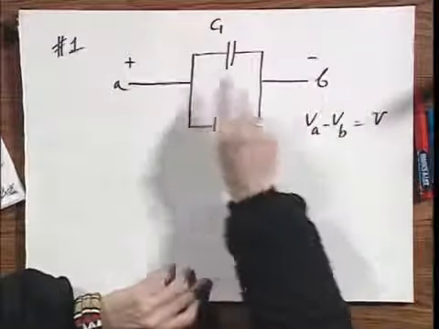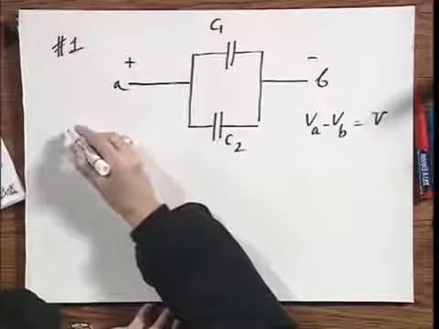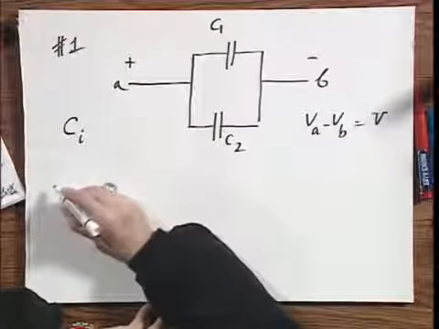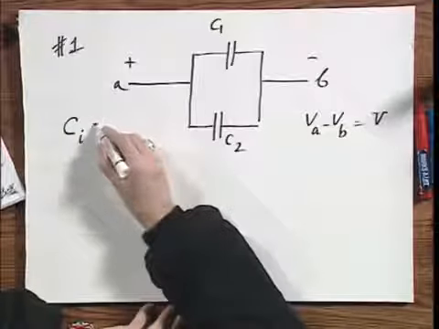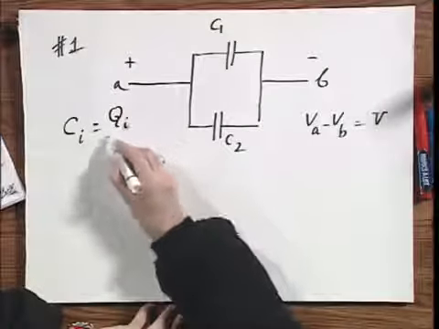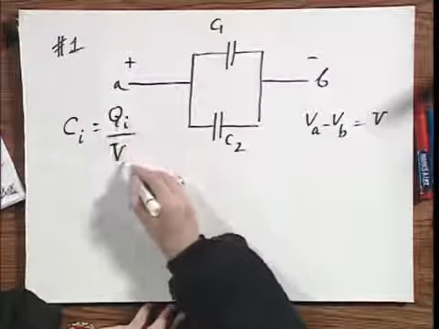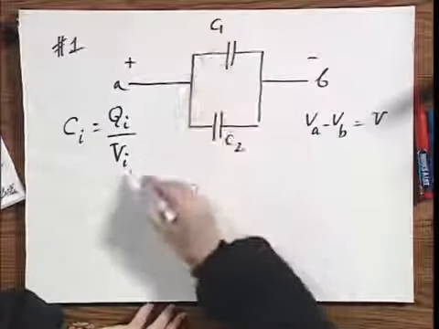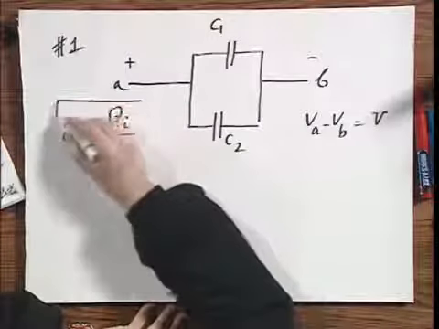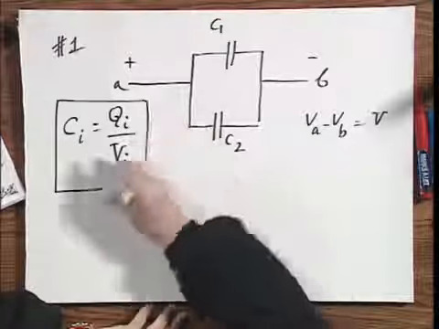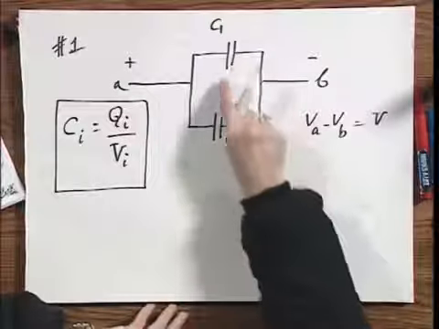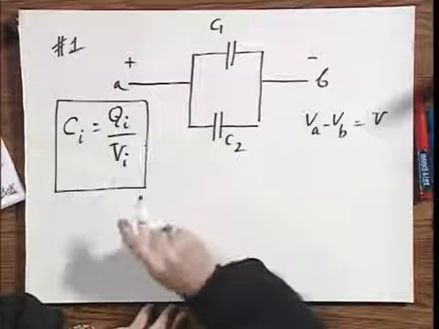They both see the same voltage. What always holds is that C of I, which is capacitor I, always has a charge Q of I on it if the voltage over that capacitor is V of I. This you can always use, it's always true. Now both capacitors see the same voltage over them.